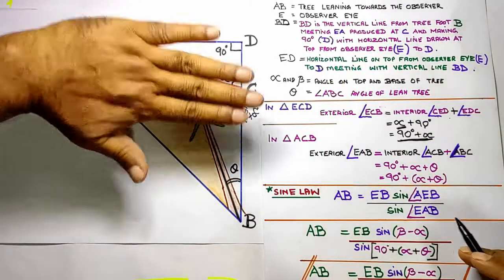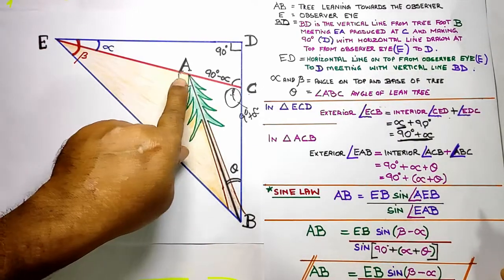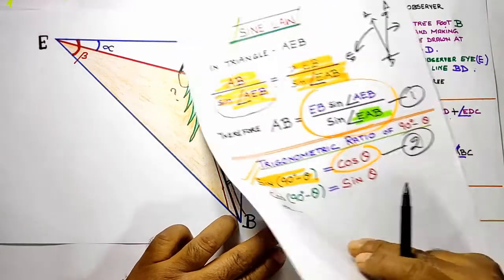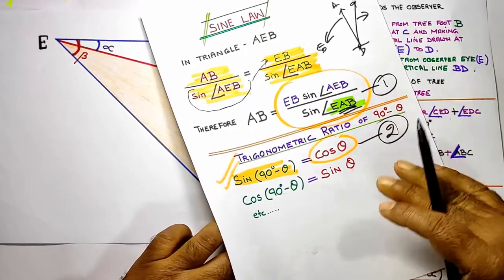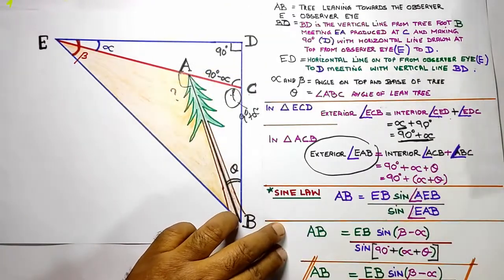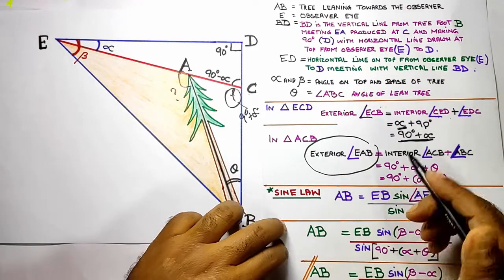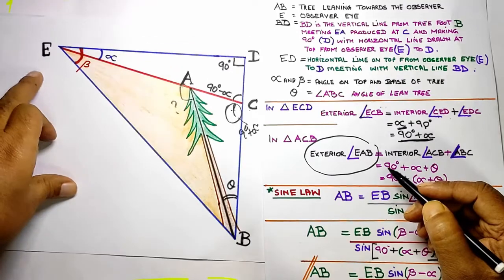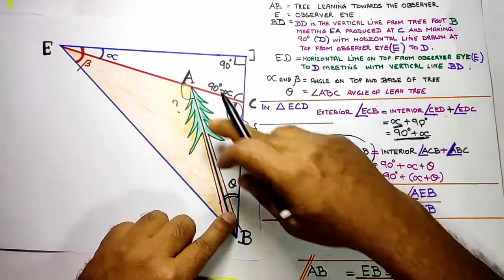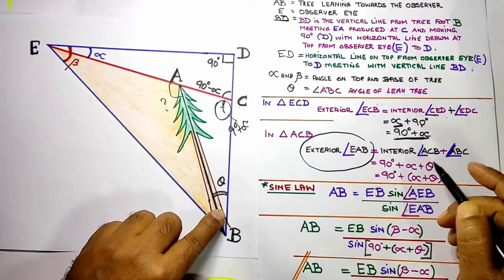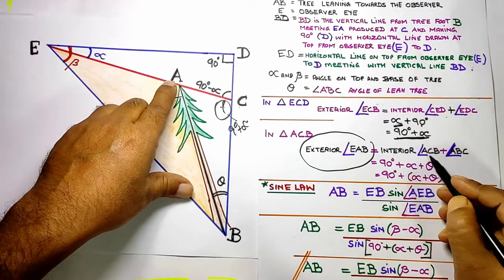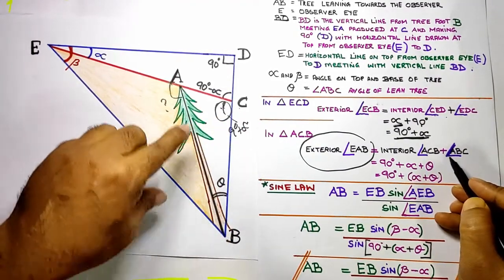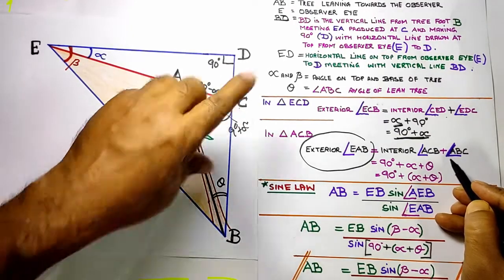Now this is solved. Now we'll solve EAB. This is what we want in the sine law. Now how to do this one? We'll make this exterior angle EAB. What is EAB? EAB will be equal to the two interior angles. What are the two interiors here? Interior ACB plus ABC.